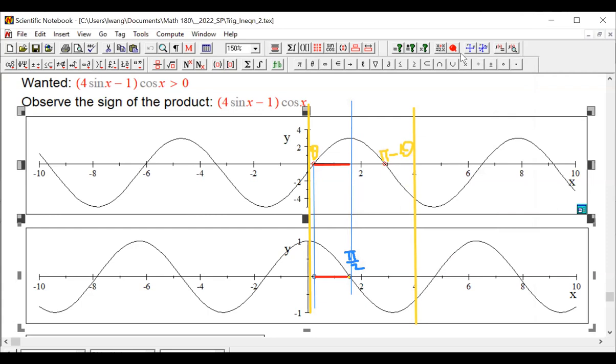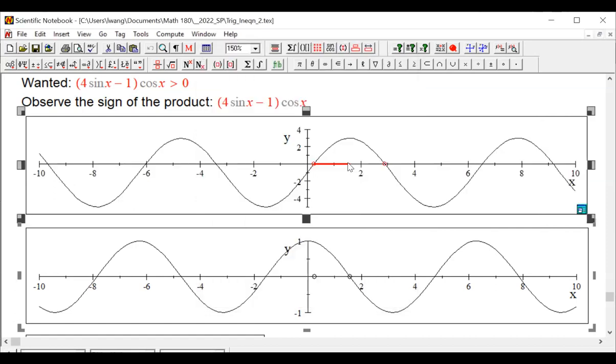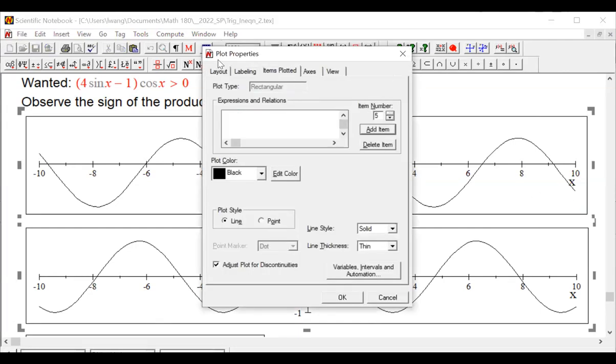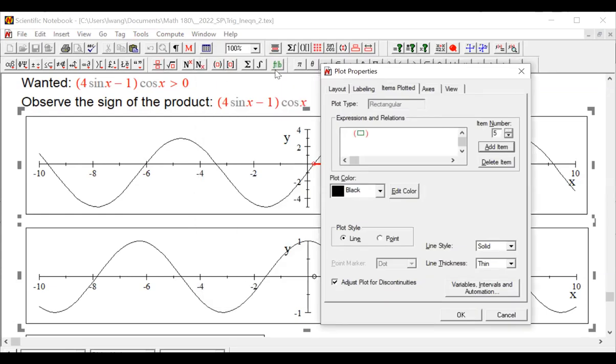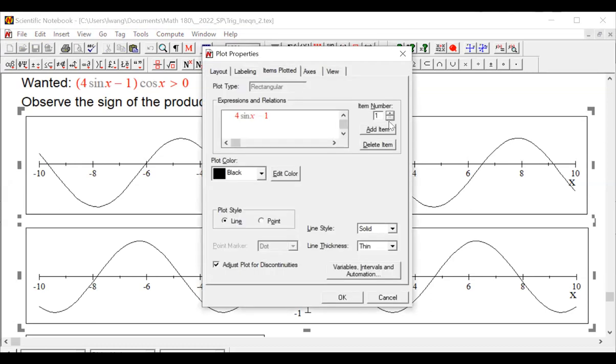That interval is a solution. Oh, wait, I meant to have it being red. Okay, make it red, thick, and this end is a circle. Okay, be patient with me. So now circle. Oh, I want it to be a red circle, right?